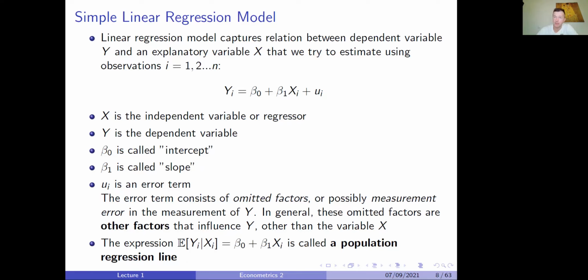So the expectation is, let's say, the central value of a distribution of y. So in the distribution of y, something like an average or mean or expected value of y, if I know x, is described with this expression. And this part is called a population regression line. So I expect y to be this number if I know x.